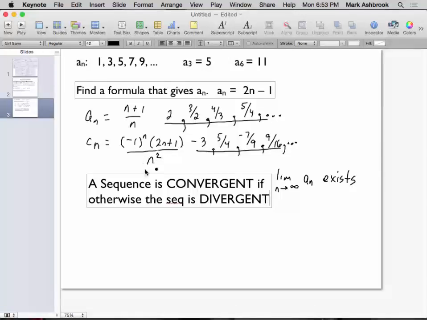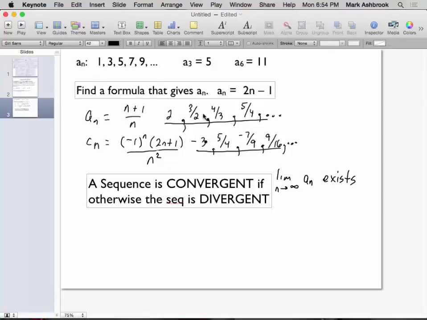The denominator is just going to take off compared to the numerator. The denominator will get huge compared to the numerator, n squared compared to 2n plus 1. Therefore, it's going to converge on 0. It's just going to do it by hopping back and forth around 0. Every time it hops over 0, it gets closer to 0, and just keeps hopping back and forth, getting closer and closer in on 0.